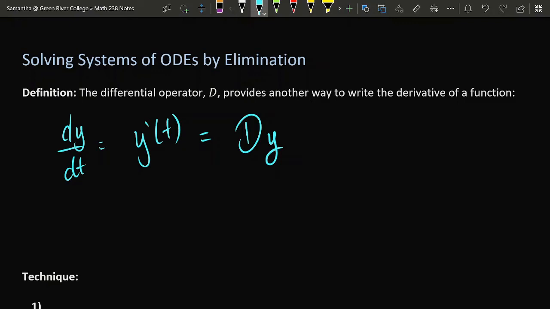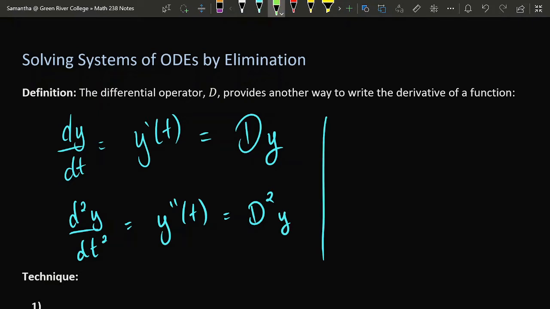The differential operator can also be used to represent higher order derivatives. We have d²y/dt² to represent the second derivative of y with respect to its variable t. And using the differential operator, we would write this as D twice, D squared applied to y.